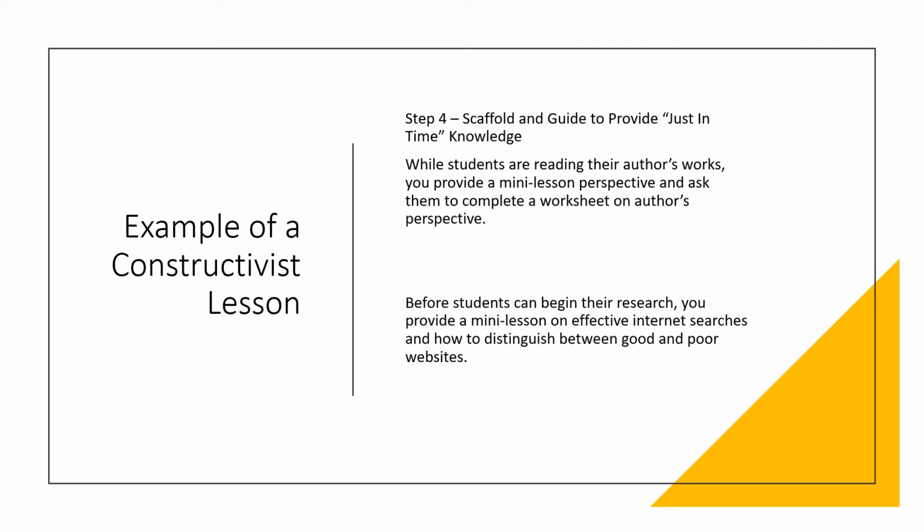Notice here that both mini lessons support the students so that they can complete the activities to gather the information about the objective. These lessons do not directly teach the objective. Rather, they support the learning activities so that students can complete the activities.